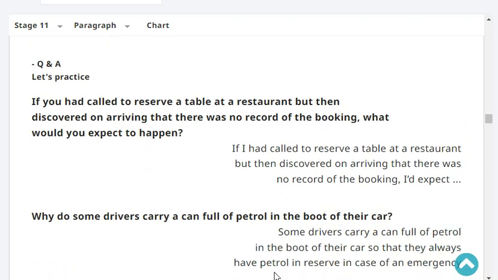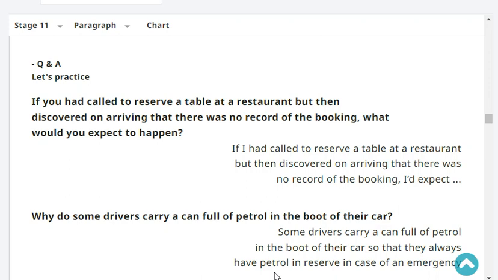If you had called to reserve a table at a restaurant but then discovered on arriving that there was no record of the booking, what would you expect to happen?